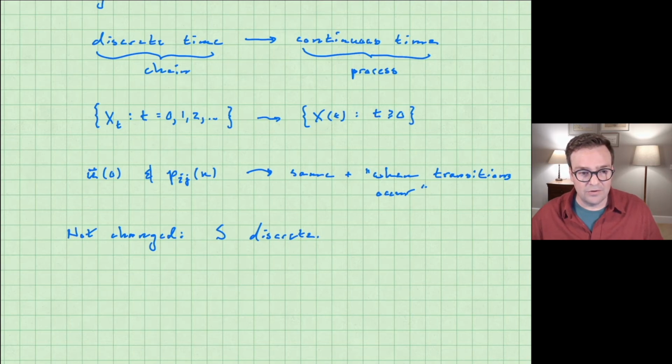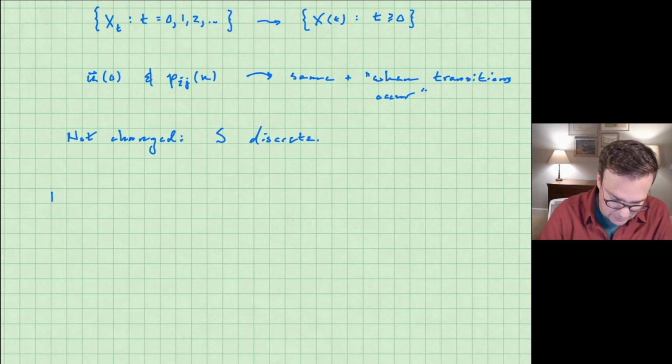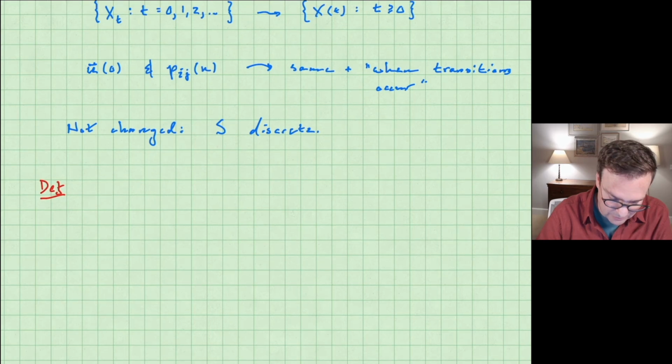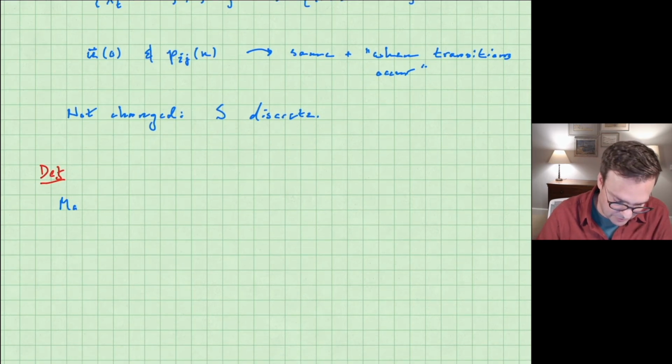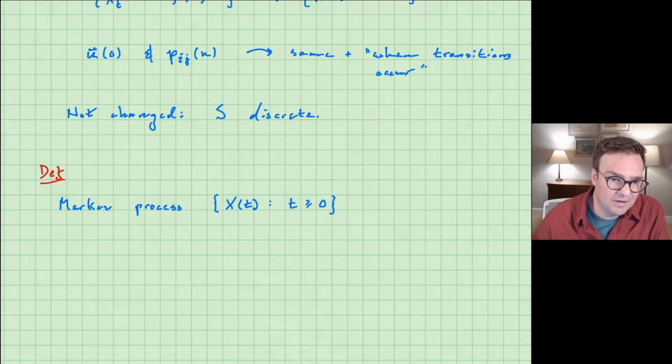Okay, so let's introduce the formal definition. Let's make it in red. The definition of a Markov process: we'll say that a Markov process, x of t such that t is greater than or equal to 0, which is the thing that we call the process, is a continuous time Markov chain.